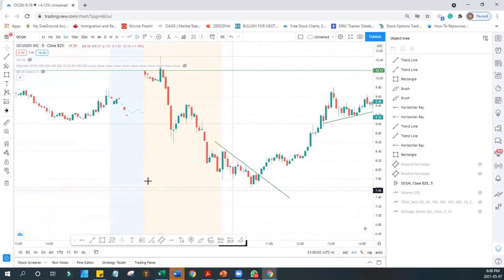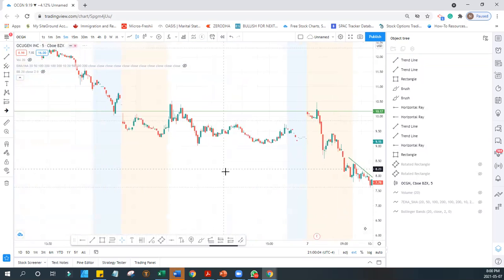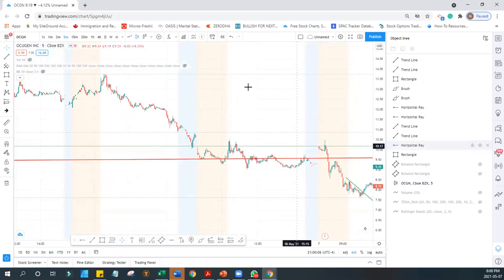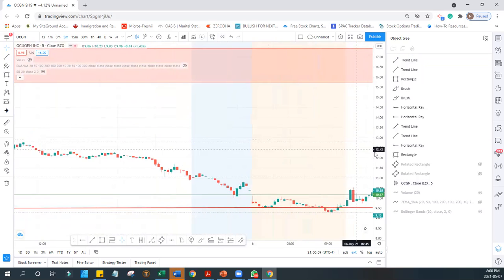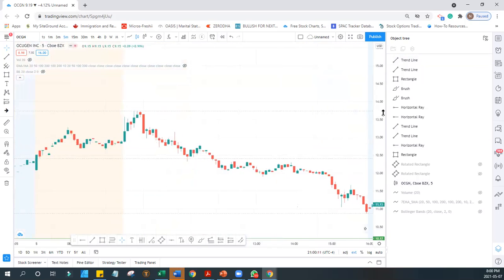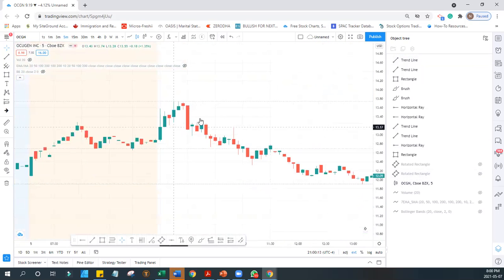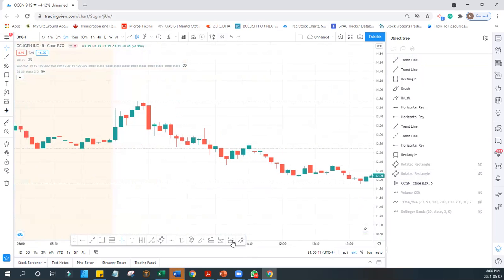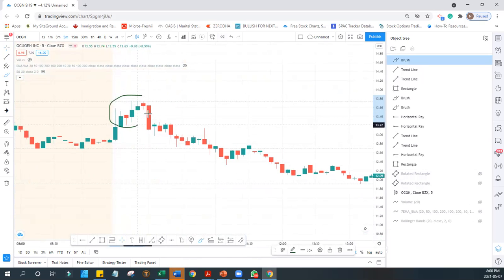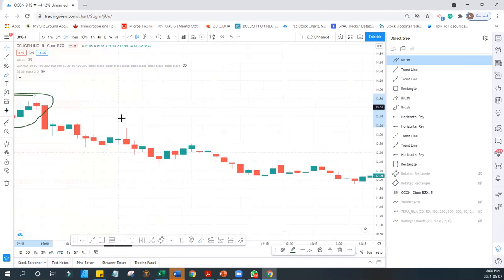Now OCGN. Let's see here. Do you see these candles, those two green candles?